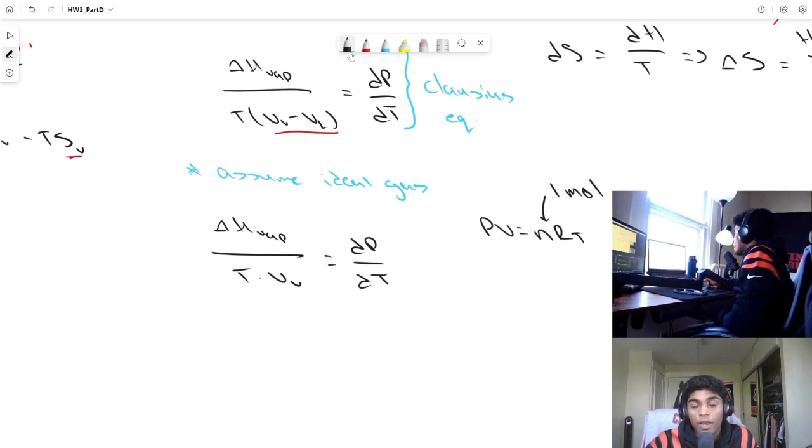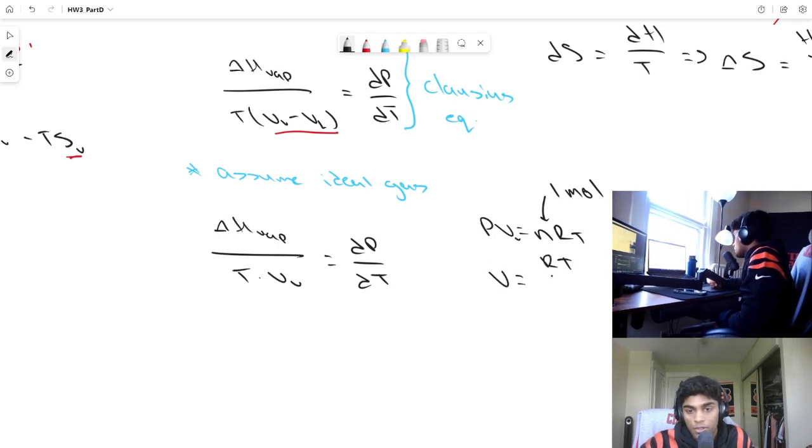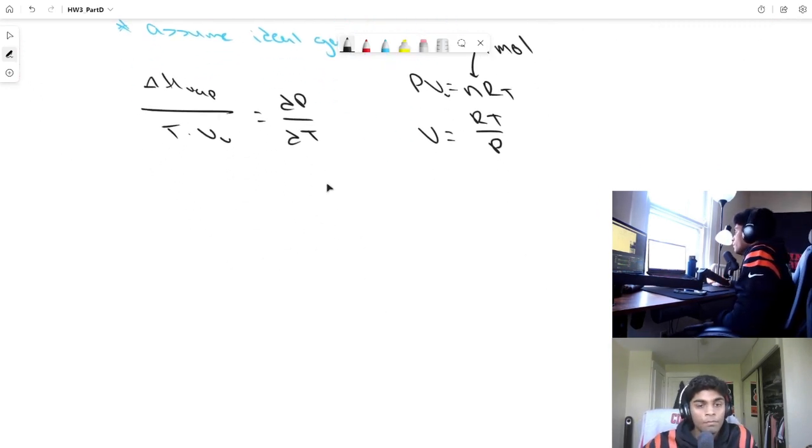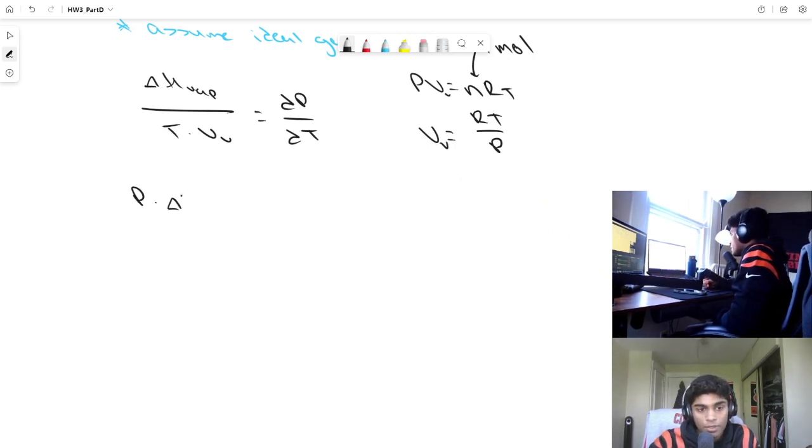And so what we're actually going to do here is solve for the volume of the vapor phase, which is going to be V equals RT over P. And so when we plug that in, we get P times delta H vap over RT squared equals dP over dT.